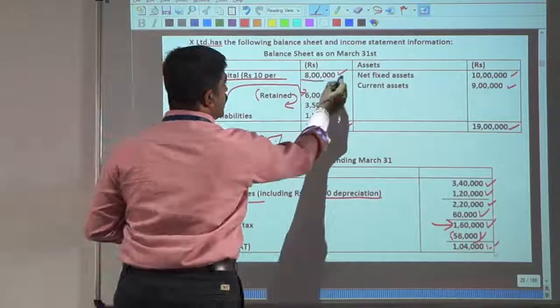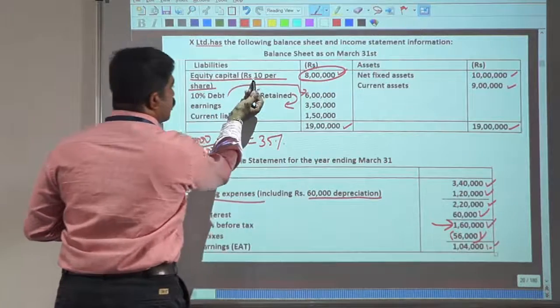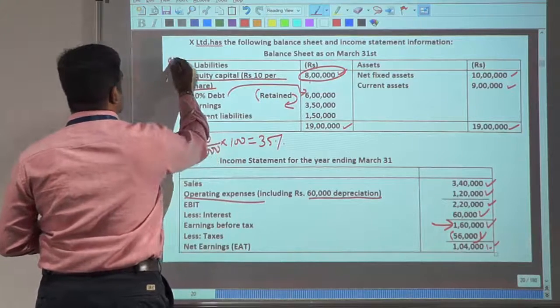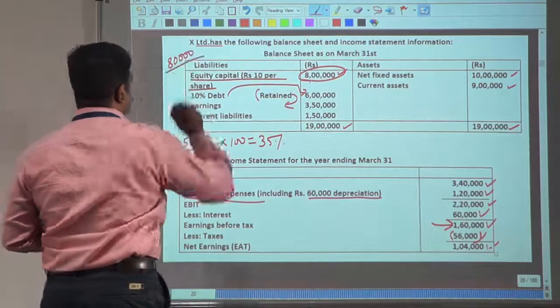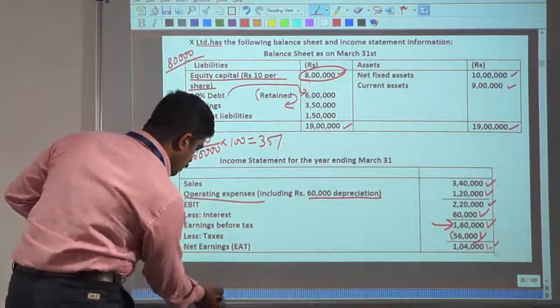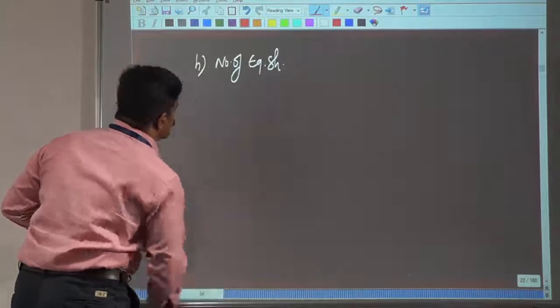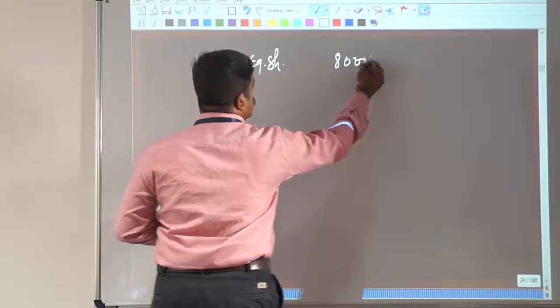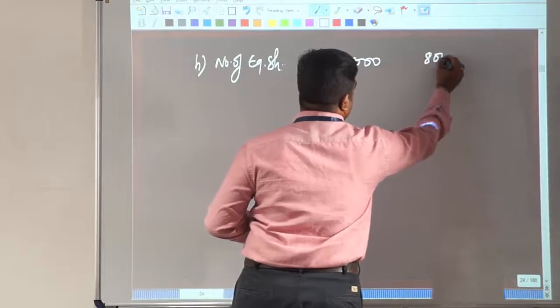What is the share capital? 8 lakh. 8 lakh, rupees 10 per share. 8 lakh divided by 10, you get 80,000 shares. So in that way you understand that you have 80,000 shares. So let's go here. Number of equity shares is simple. It is 80,000 in both the cases.